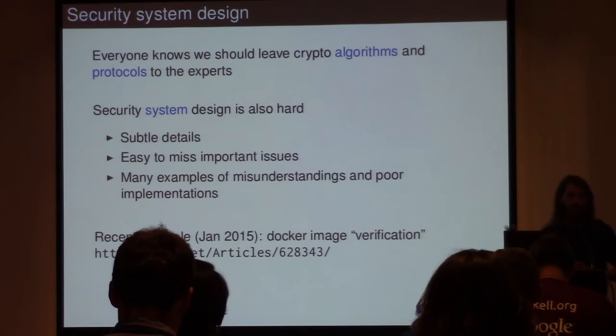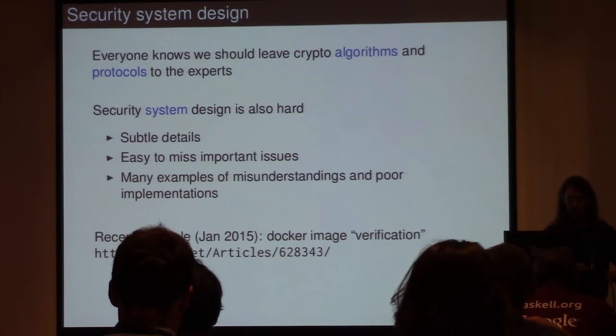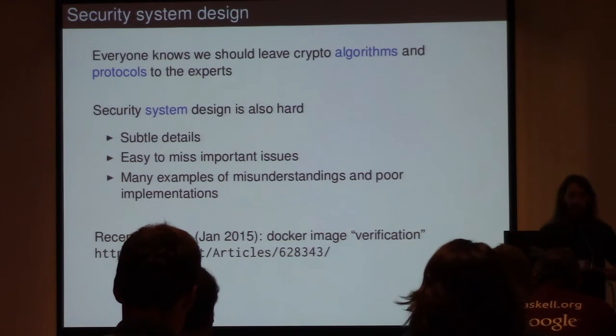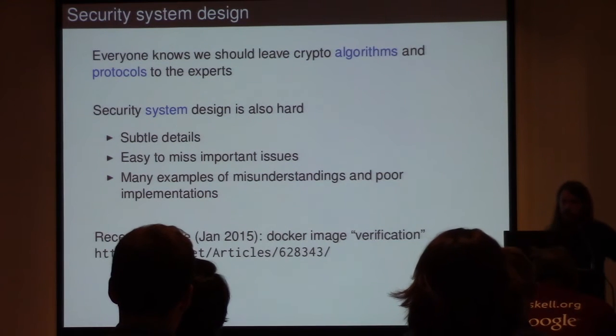If you look at the Linux Weekly News security page every week, you'll find dozens and dozens of examples throughout our industry where people have done this really badly. You don't need to go very far to find examples. One example: Docker had a system for verifying images that you download, except that it was totally broken.